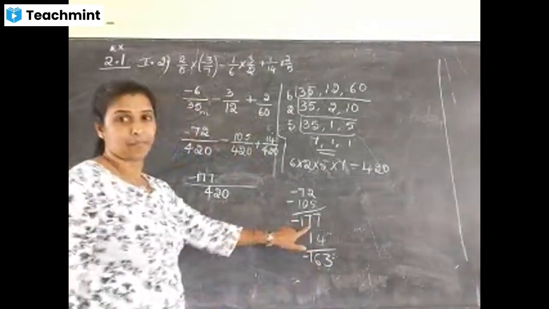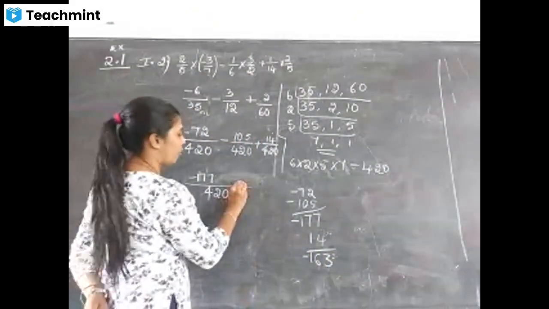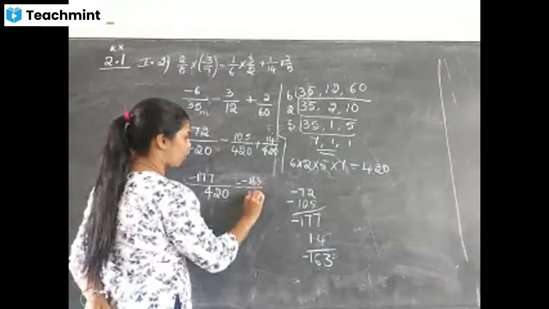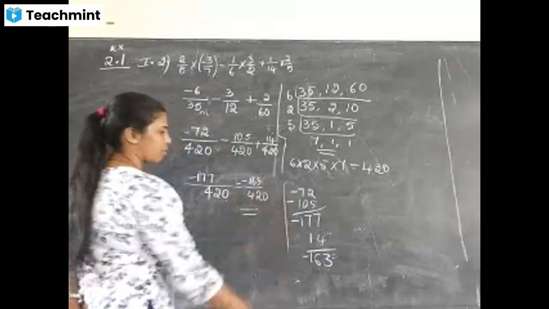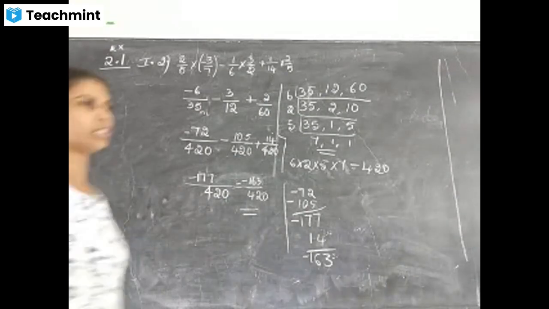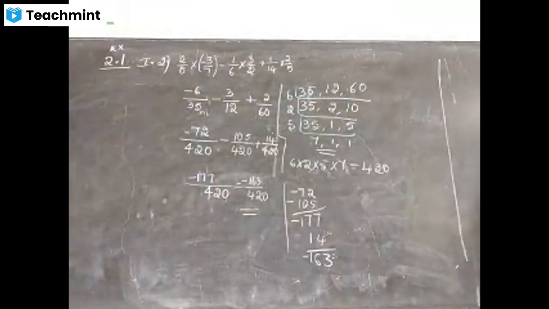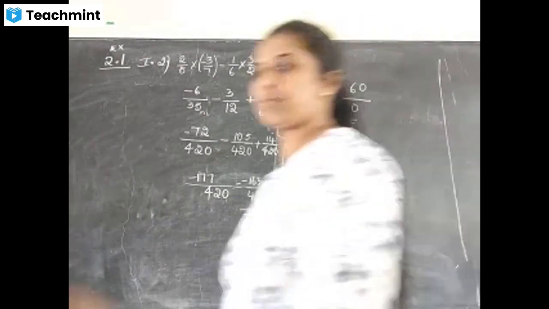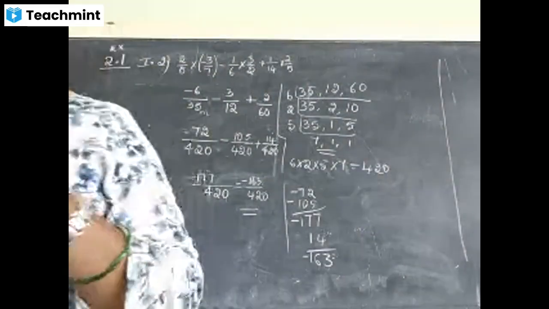Take the greater number's sign, minus. So we will get the answer here: minus 163 divided by 420. This is the answer. So this is the method.